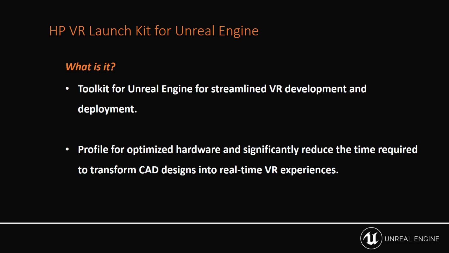So this is a full toolkit designed to work in conjunction with high-end hardware like HP produces, with the high-end performance of Unreal Engine, so that you're able to jump in quickly and streamline your virtual reality development and get whatever it is you're trying to achieve, whether it's an architectural visualization or experiencing CAD data, for example, for a motorcycle, that you can jump in and actually experience that data in that sense. And the launch kit is built to give you these basic tools in there.